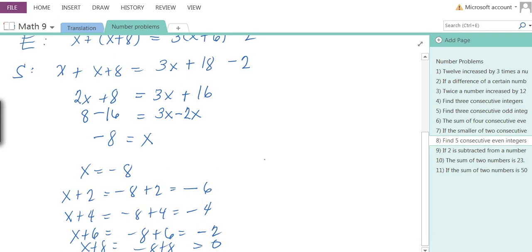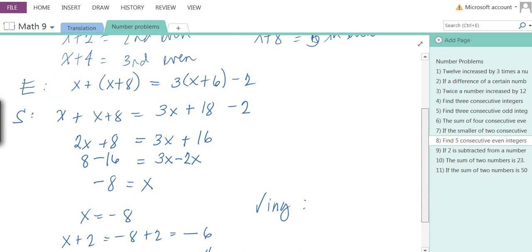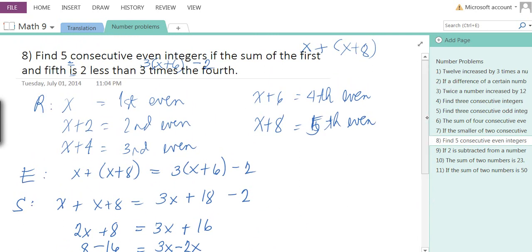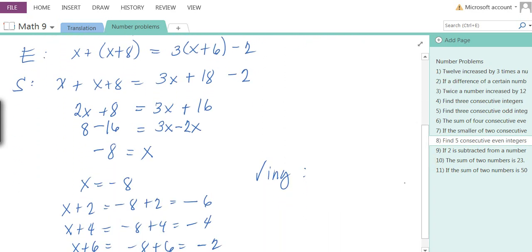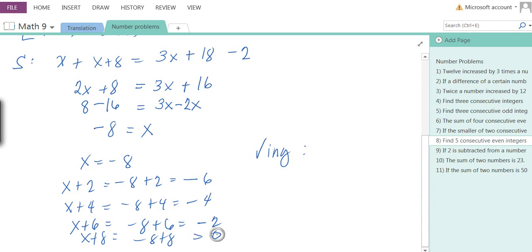Now for the checking, let's do the checking. It says here in the sentence that the sum of the first and the fifth. So the sum is represented by adding the first and the fifth integer.